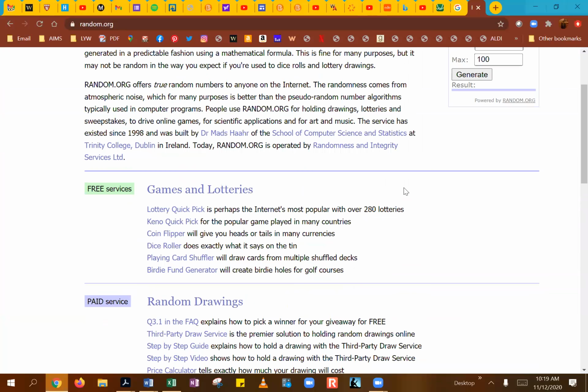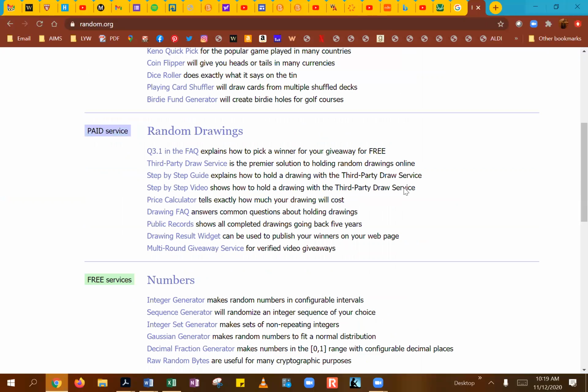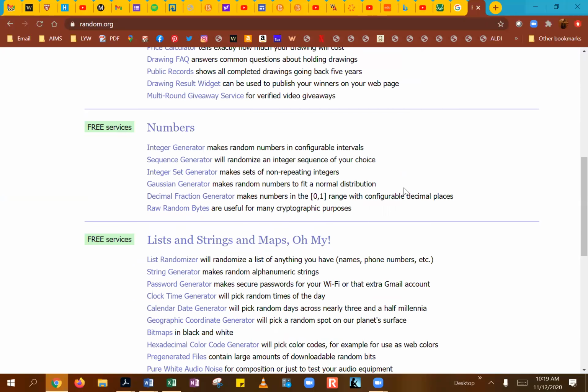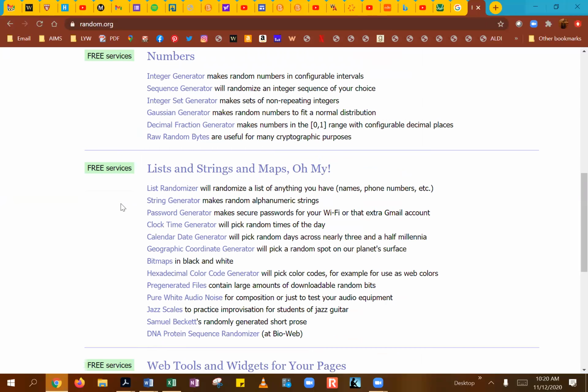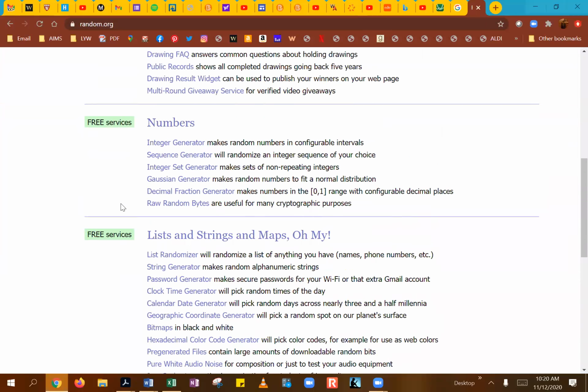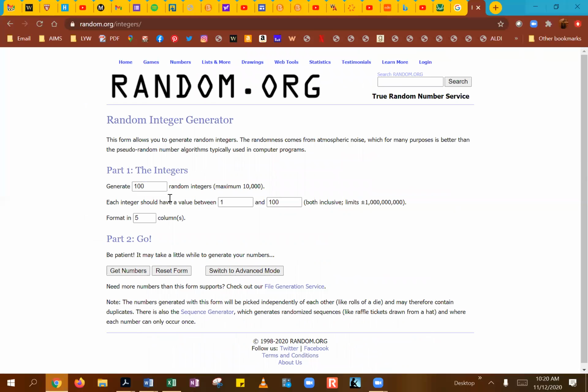Oh, where's my random numbers? Okay, so it looks like they've actually changed their menu options a little bit. For now, I'll just go with integer generators.